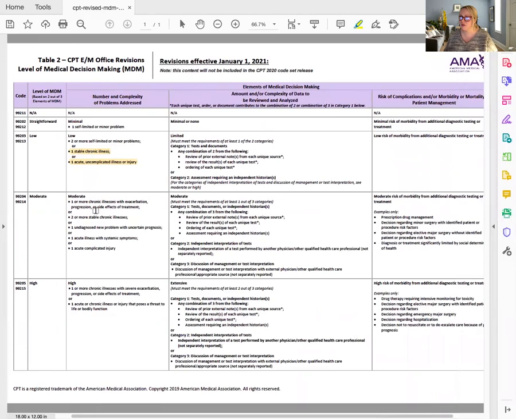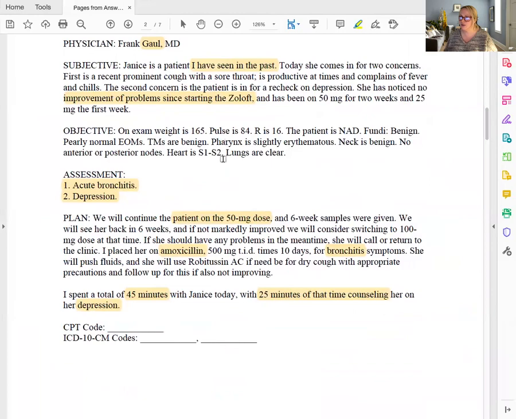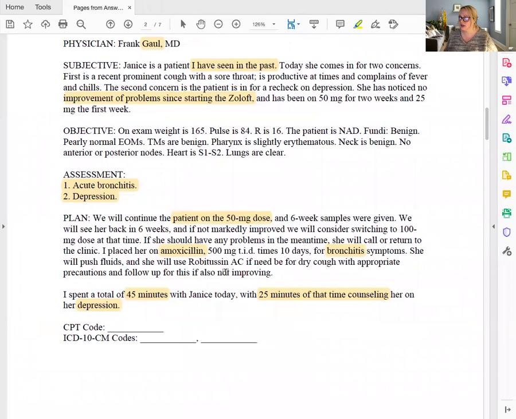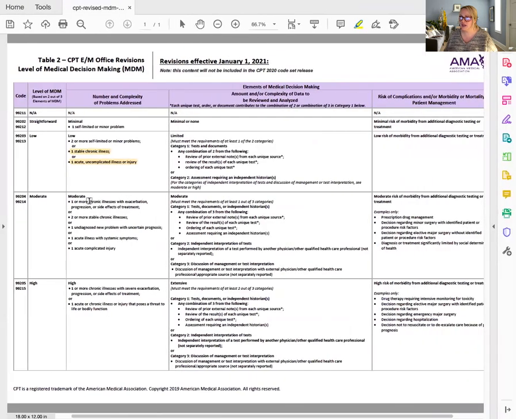And so when I look at the difference between a stable chronic illness and one or more chronic illnesses with exacerbation, progression, or side effects of treatment, I'm looking at the documentation that it is not getting better and or it is getting worse. It actually does say there's no improvement. So I would put this under some exacerbation or progression, as opposed to stable chronic, because it's not entirely stable until we've gotten to the point where it is no longer progressing.